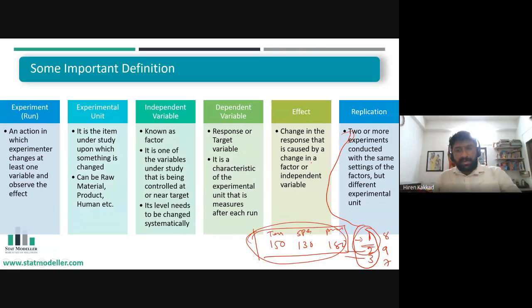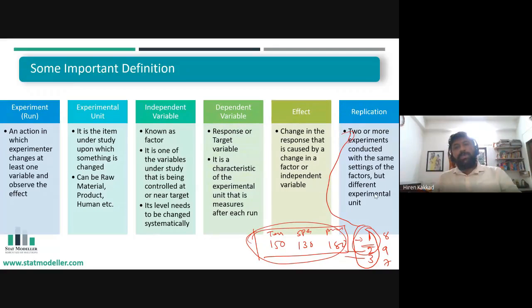That is the replication, and it is needed because if in one experiment you are getting the best result, then you can't generalize it, right? It may be due to chance, and we as statisticians believe that it should be confirmed. So you can also name it a confirmation trial. Once you have found the best optimum parameters, or you have developed the design, you repeat that design if it is feasible, in the sense of cost and resources, all of which you need to take care of while conducting the experiment.